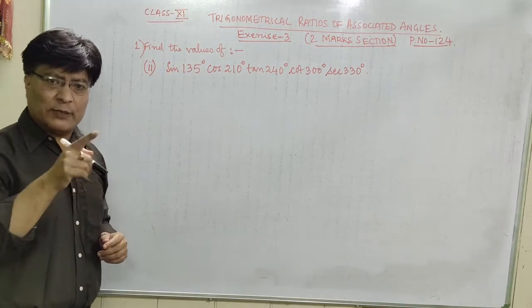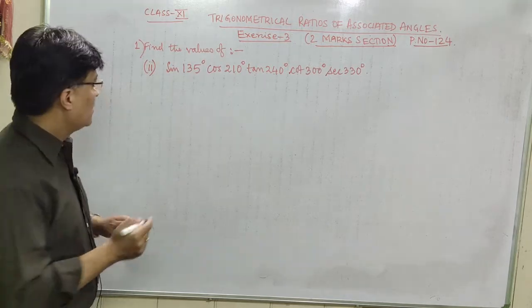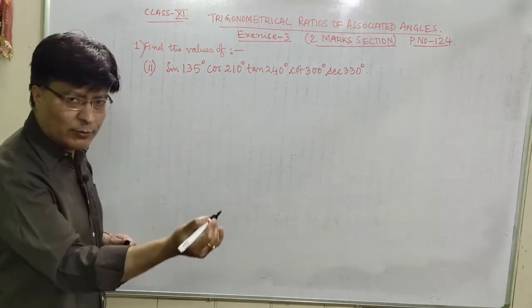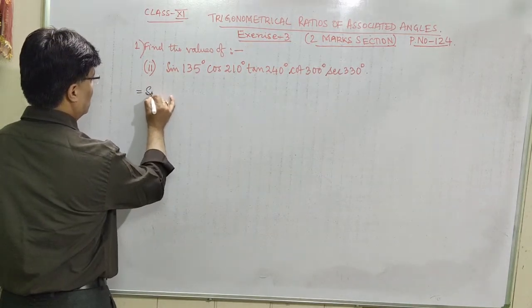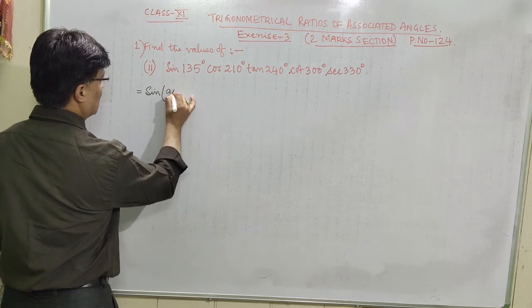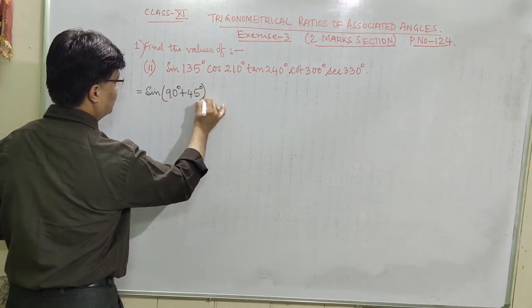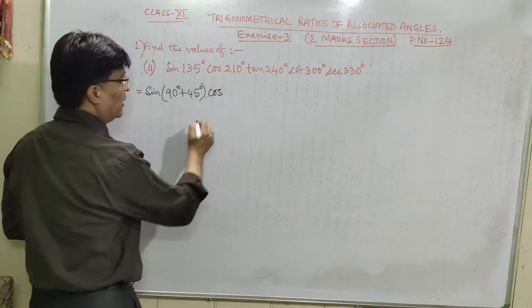Okay. So how can you write down this 135 degree? You may write 90 plus 45, or you may write 180 minus 45. So let us write here, either 90 plus 45, or 180 minus 45. So this is sine of 90 degree plus 45 degree into, how will you write 210 degree?